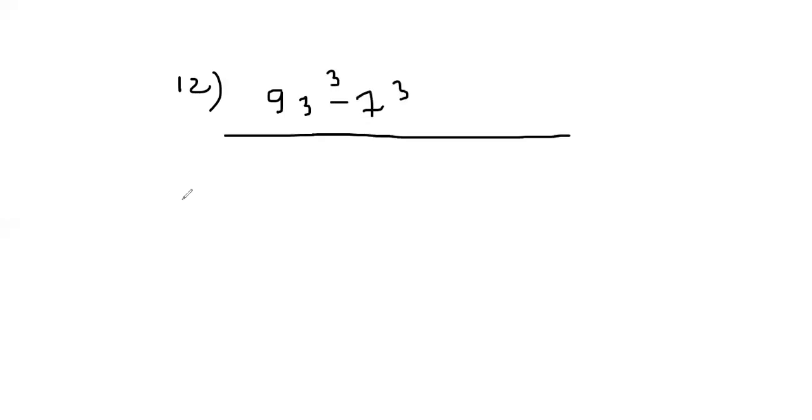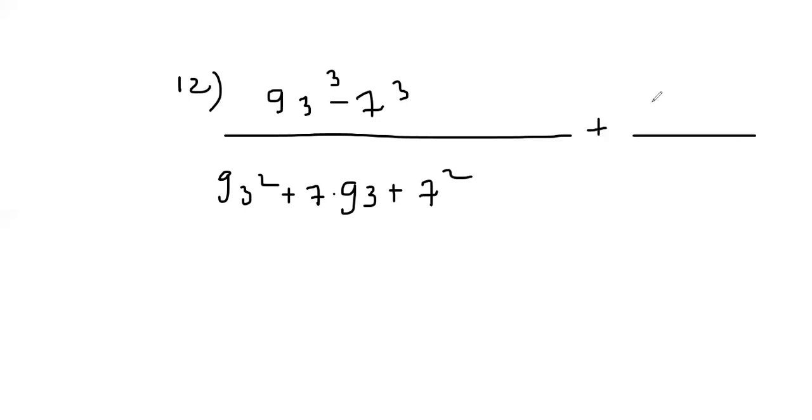The answer is 8. Again, we continue to the new one, number 12. Number 12 is one of our long expressions: 93 cubed minus 7 cubed divided by 93 squared plus 7 times 93. The thing here is that 49, I'm going to write as 7 squared. And here 93 squared minus 7 squared divided by 86.